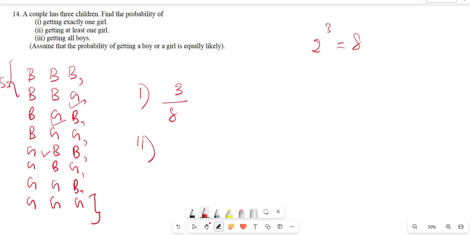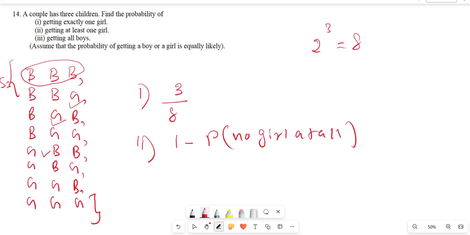So it is 1 minus P(no girl at all), and you have to subtract only this one. Or the other way is to count how many outcomes with girls are available: girl, girl, girl, girl, girl, girl, girl, that is 7 divided by 8. By the sample space you can easily get it, but I will use this method. Either way, the answer is 7 divided by 8.